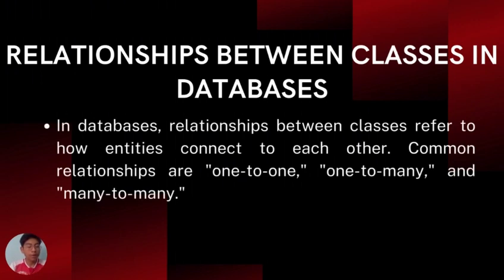I am going to talk about relationships between classes in databases. In databases, relationships between classes refer to how entities connect to each other. Common relationships are one-to-one, one-to-many, and many-to-many.